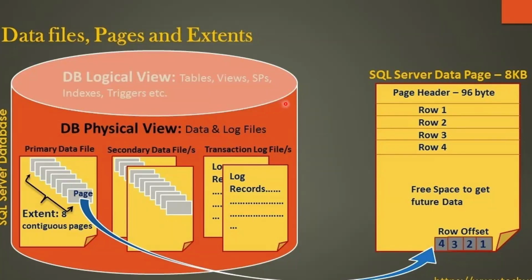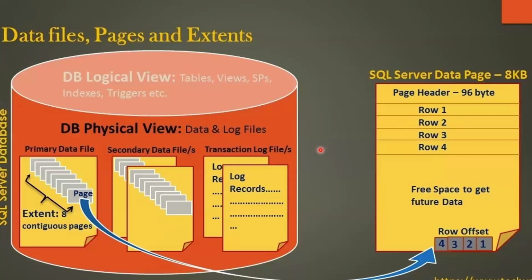Then we come to pages. Every database has data files to store the actual data, and data is stored inside these data files in the form of pages. A page is the fundamental unit of data storage in SQL Server. But log files do not store data; they contain a series of log records, so log files do not have any pages.